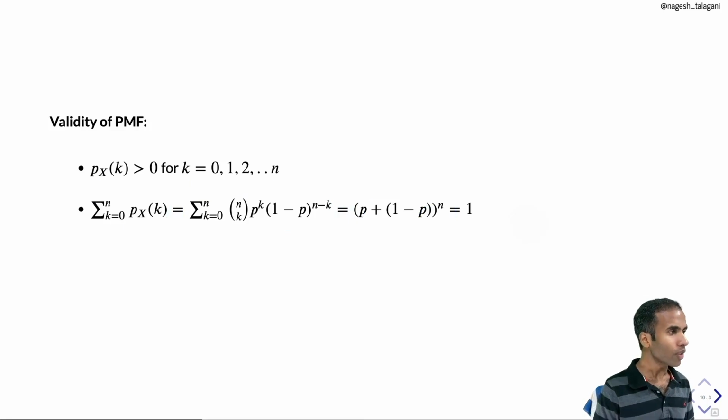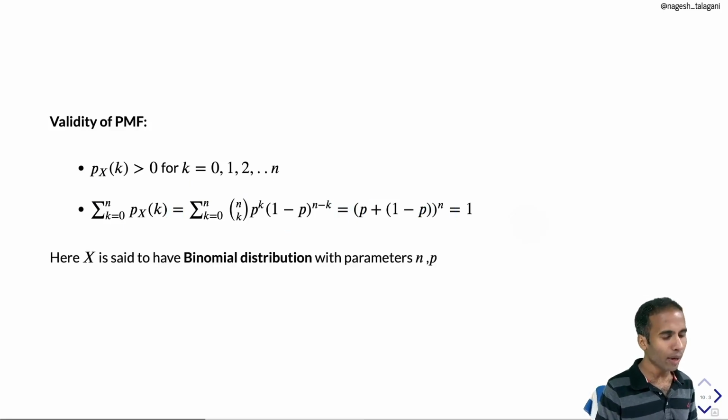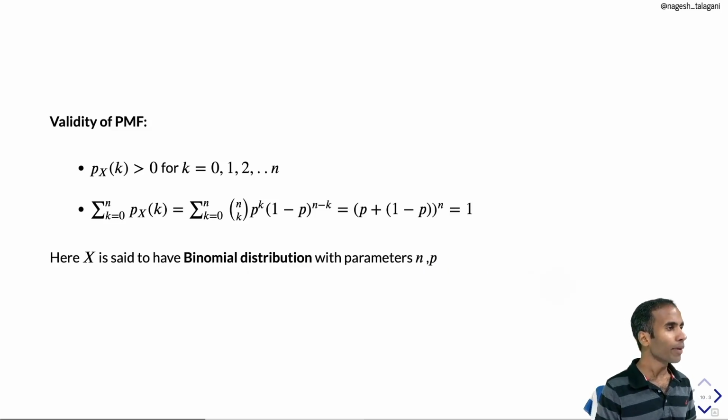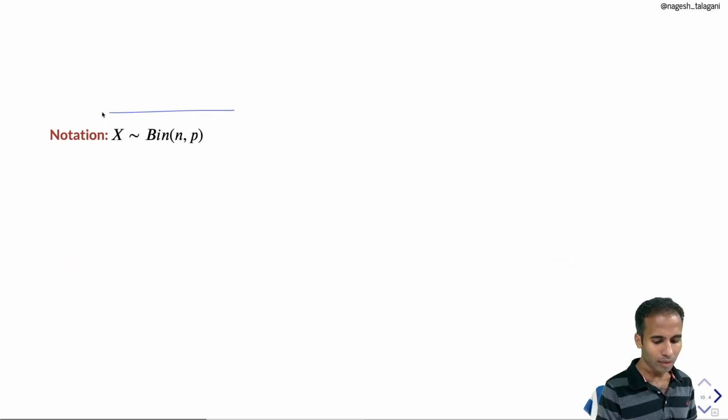Fine. Here X is said to have a binomial distribution with parameters n and p. Here n is the number of trials in the experiment, and p is the probability of success. This is a notation: we read it as X follows binomial distribution with parameters n comma p.